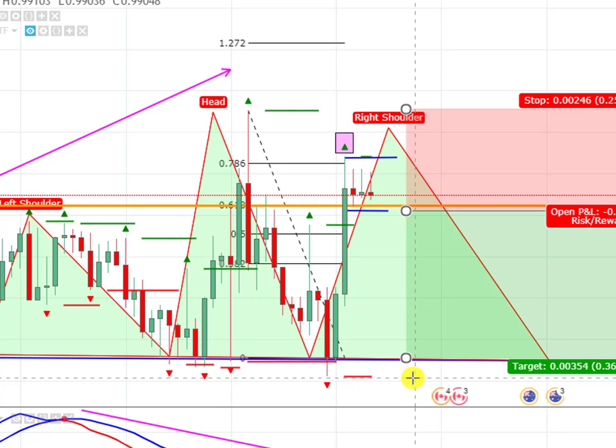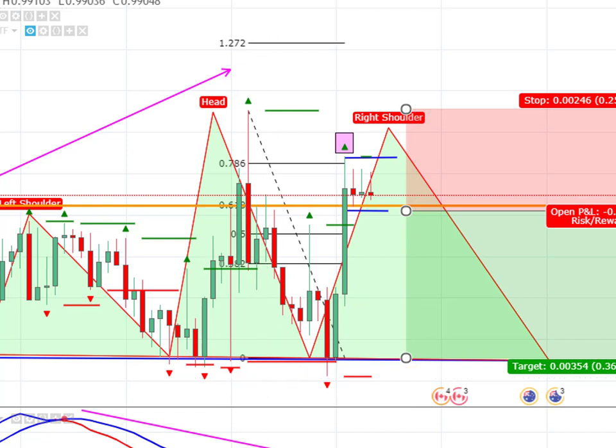Number 3, dapat lumampas muna ng 618. Number 4, dapat ang sukat ng 618 at sa head is below 30 pips. Pag yan lahat pasok, then I recommend na mag-advance trade kayo gaya sa ginawa ko.